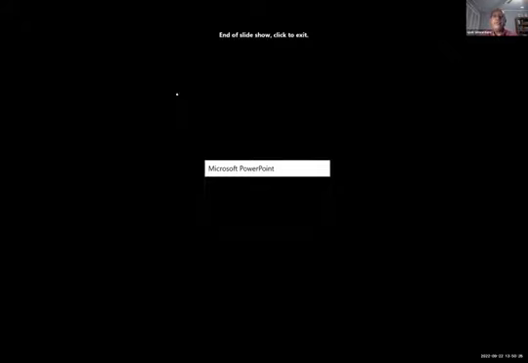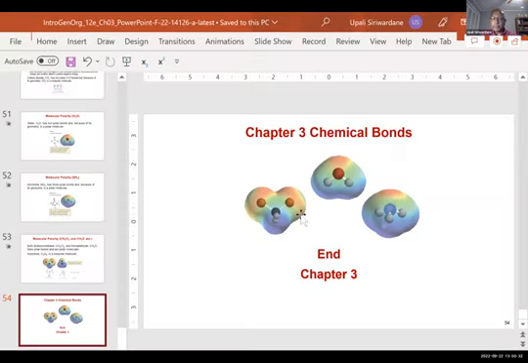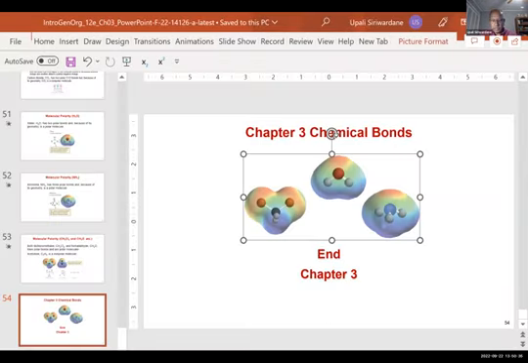I am going to go to chapter 4 slides and start from there. Can you see my chapter 4 slide table now? Can you guys see chapter 4, chemical reaction and energy? I see chapter 3, chemical bonds.